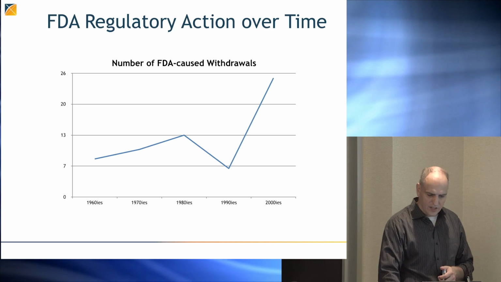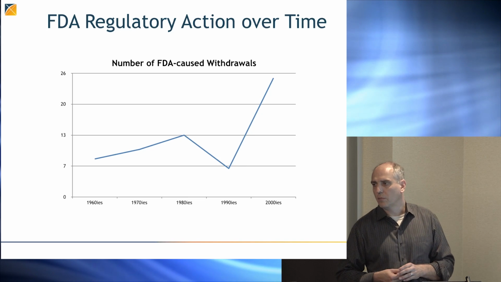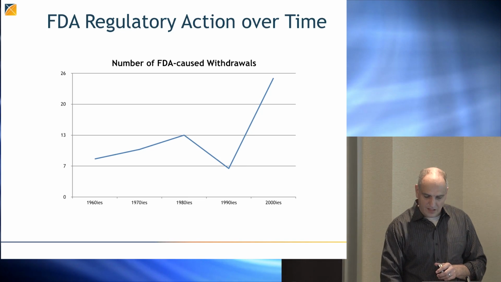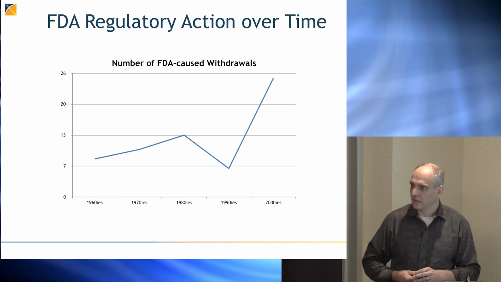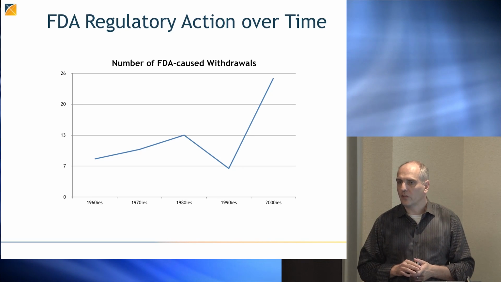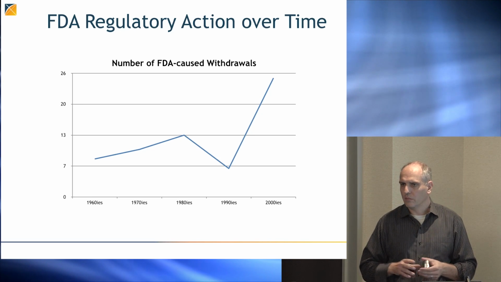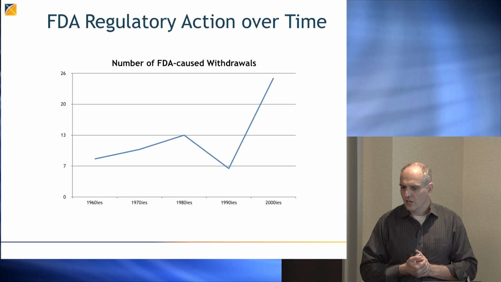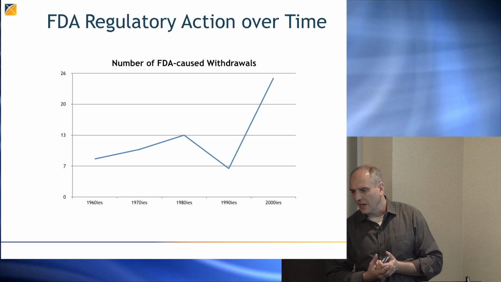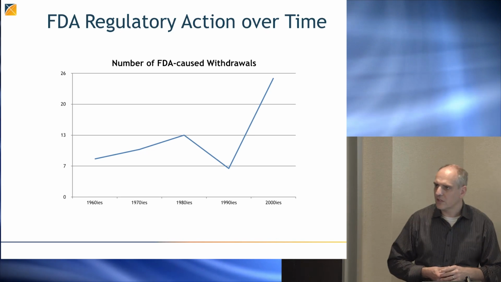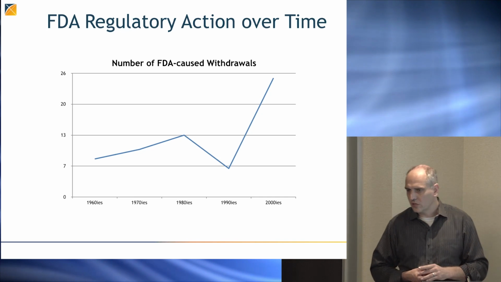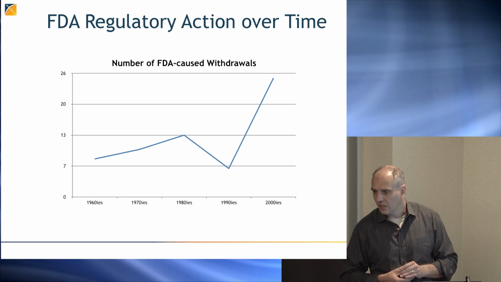Over decades, it was about 10-ish per year, and then it absolutely started spiking. The biggest one of these is the Vioxx scandal, around 2005, where this very effective painkiller for arthritis patients was found to cause cardiovascular issues and heart attack.